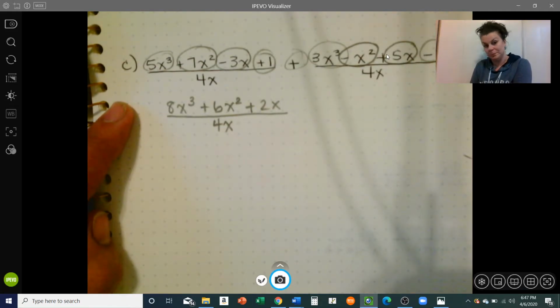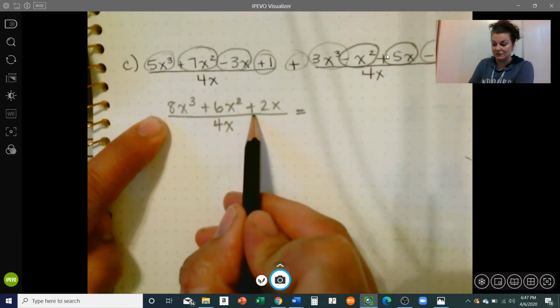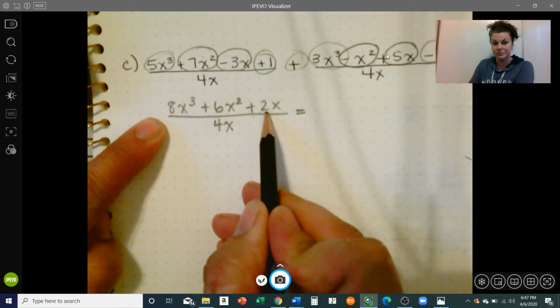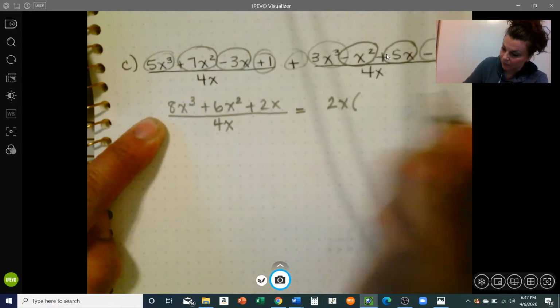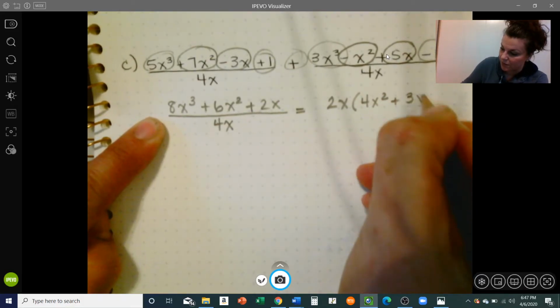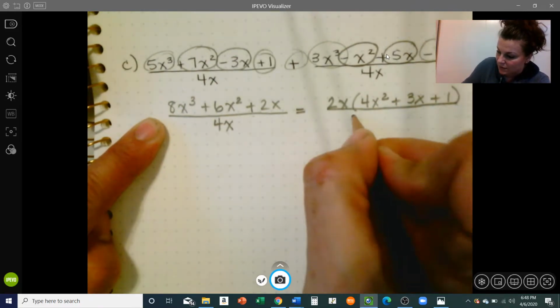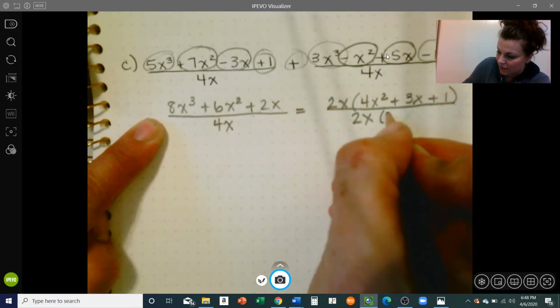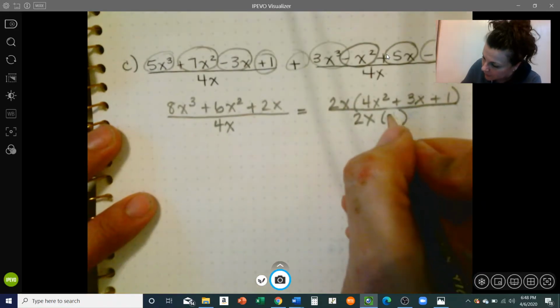Okay. I'm not done because I need to factor. So the first thing I'm going to factor is a 2x from the top. So that leaves me with 4x squared plus 3x plus 1. And look at this. I can also factor a 2x out of the bottom. Sorry, I wrote that wrong.